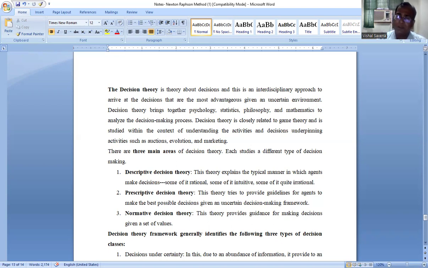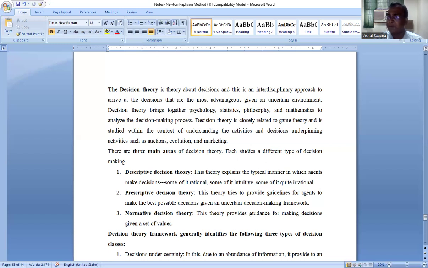In certain, favorable conditions, the decision to be made is not difficult for any person or researcher. But in an uncertain environment, where risk and critical conditions are there, the decision theory model helps the researcher take decisions.